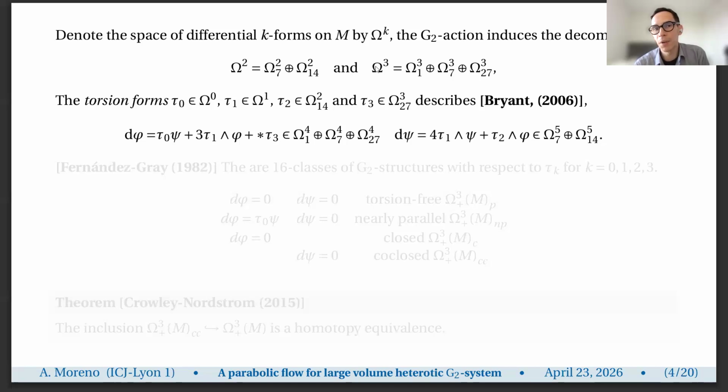You have the same thing for the space of 3-forms: a 1-dimensional irreducible component, a 7-dimensional component, and a 27-dimensional component.